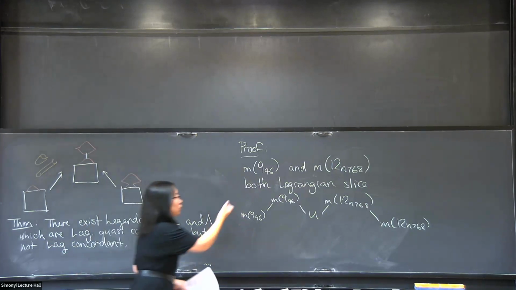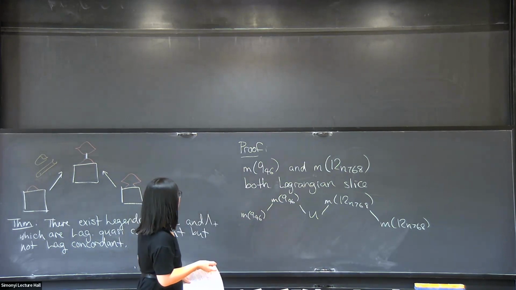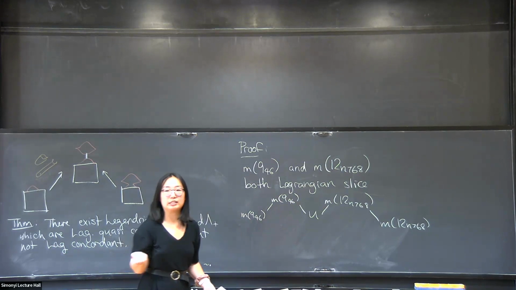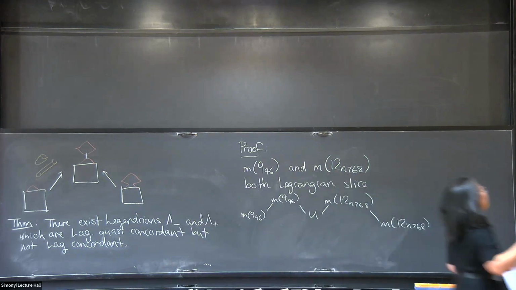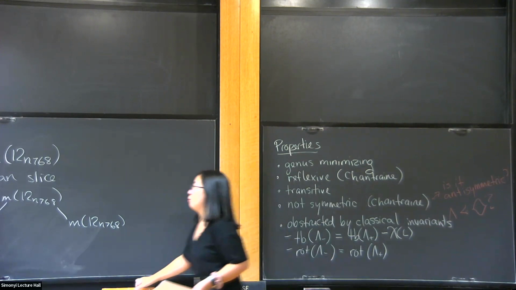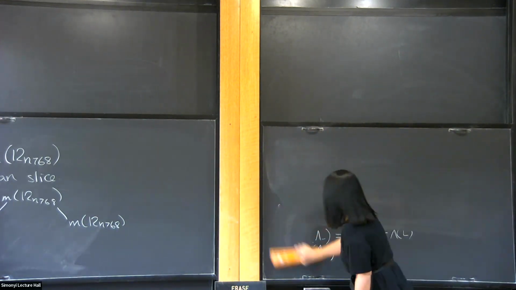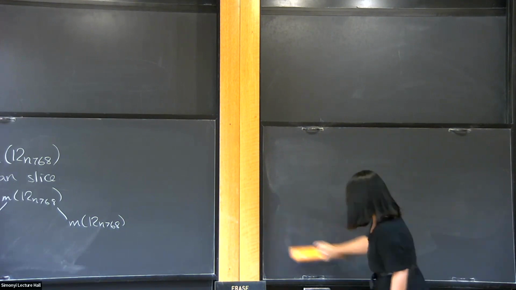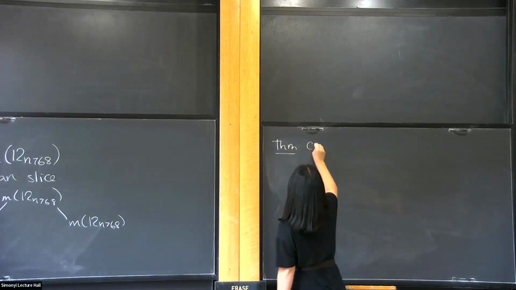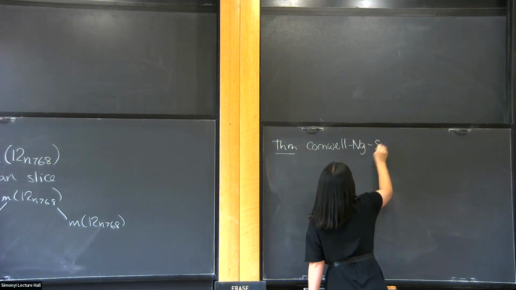Okay, so these are both Lagrangian slice, so they're Lagrangian quasi-concordant. And now the question is, are they Lagrangian concordant? Is there a cylinder joining them? And for that, I'm going to tell you a little bit about what we know about Lagrangian quasi-cobordisms. Here is a theorem that was proven by Cornwell and Sabloff.